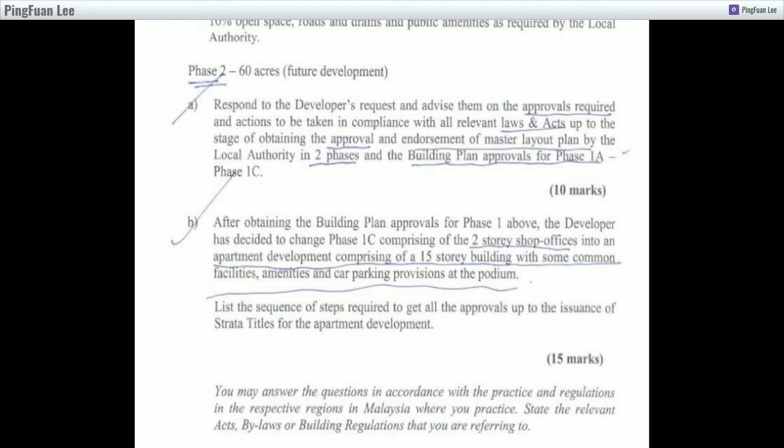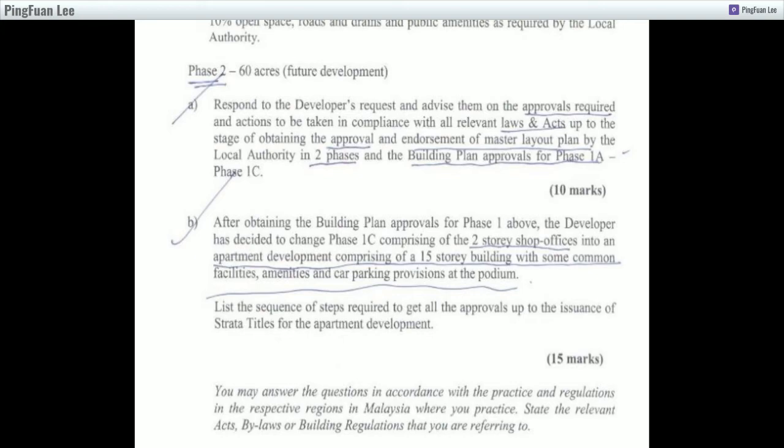I think the easier way is that instead of going into the nitty gritty details of the land matter, maybe we don't talk so much about that if you are not confident about it. The way I see it, instead of having a whole column for land matters, we just say that if qualified title for the shop office has been issued, we have to recombine it, amalgamate it or whatever it is.